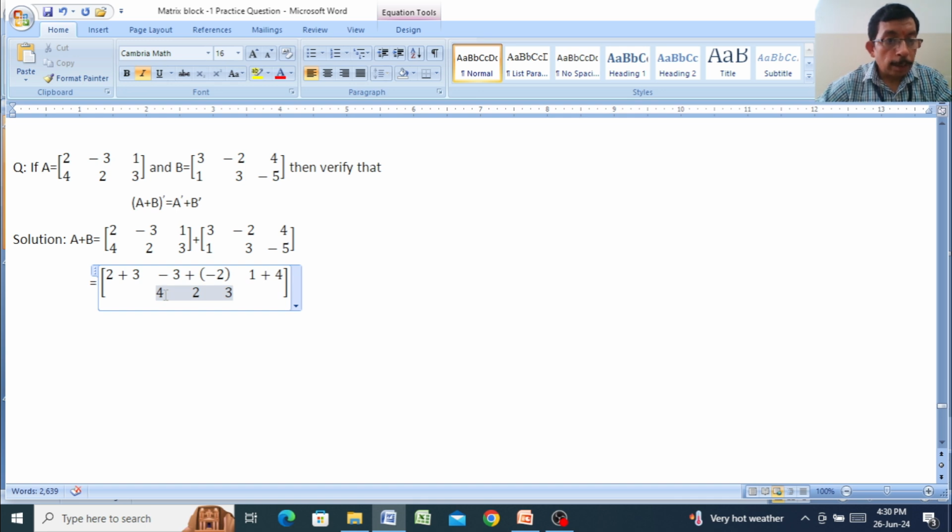The second row, first element is 4, the corresponding element in the second matrix is 1, 4 plus 1. The second row, second element is 2, the corresponding element is 3, then 2 plus 3. The second row, last element is 3, then the corresponding element is minus 1, minus 5.